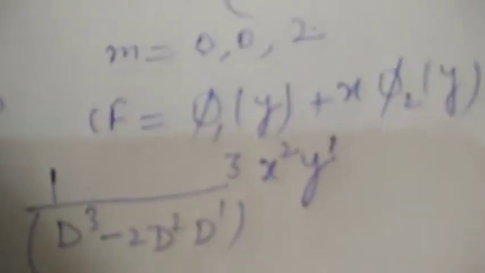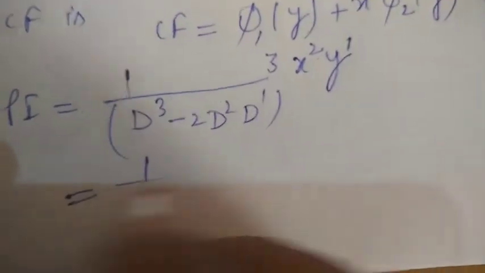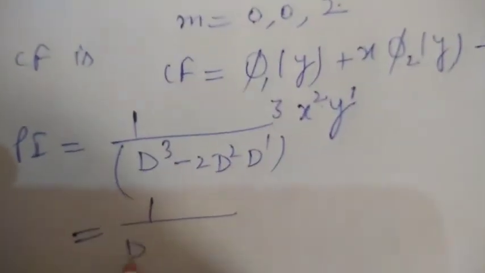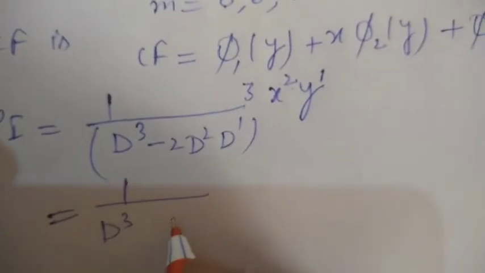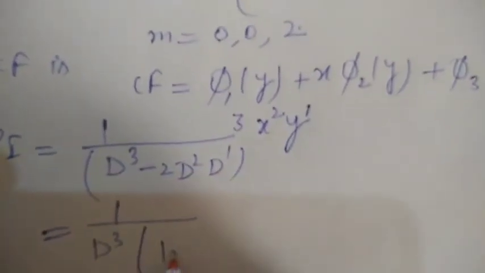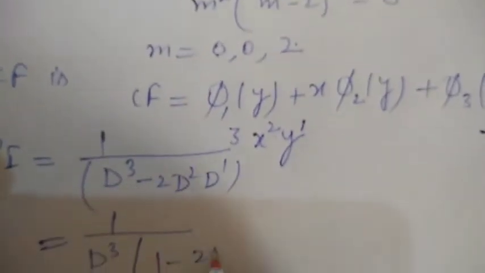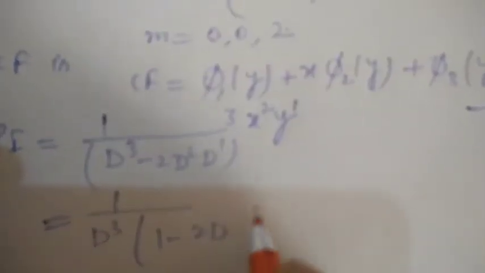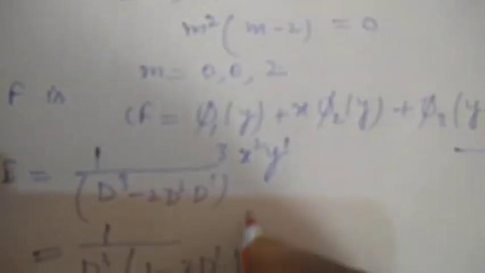So to find this, we will do like this: 1 upon D cube, taking common, so it becomes 1 upon D cube times (1 minus 2D' upon D) of 3x square y.